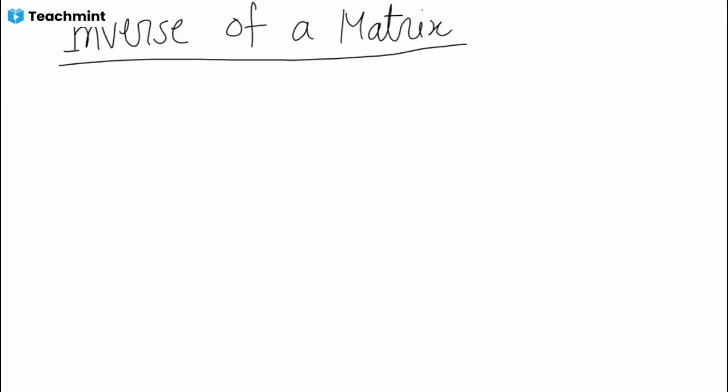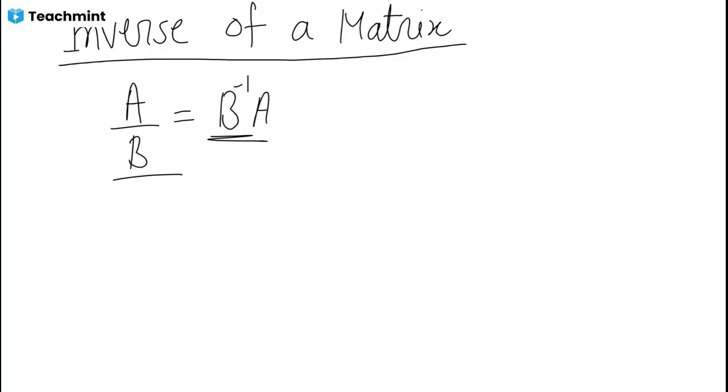If we need to find division like A over B, then we'll do B inverse into A. So here we use inverse instead of division. We don't have division in matrices. We use inverse instead of that. So, inverse of a matrix.